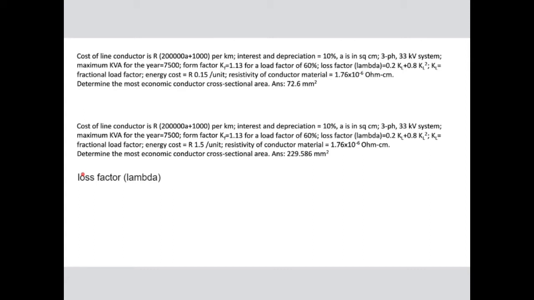What it says is lambda is equal to 0.2 times KL. KL is the load factor, which is stated there. KL is equal to the fractional load factor, meaning 0.6, because it is 60%. So that's the first part, 0.2 KL plus 0.8 KL squared. So times 0.6 squared.